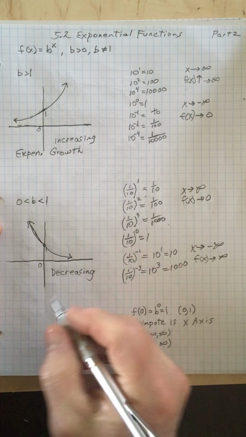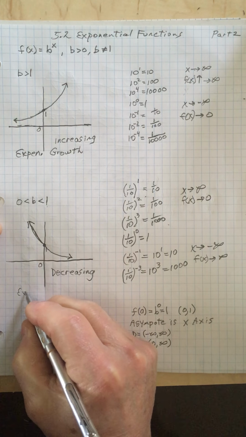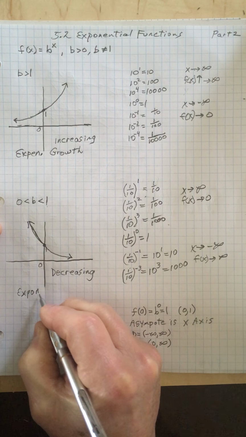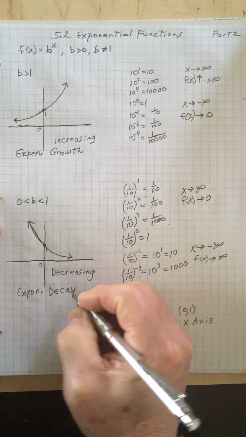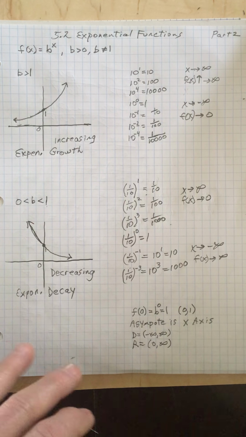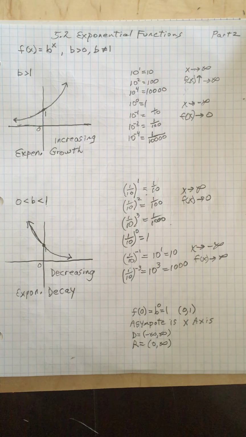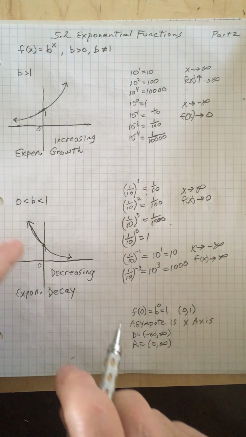When you have something decreasing, that's a lot of times referred to as exponential decay. And exponential decay equations fit well with stuff like radioactive half-life. As time goes on, the radioactive particles decrease exponentially.